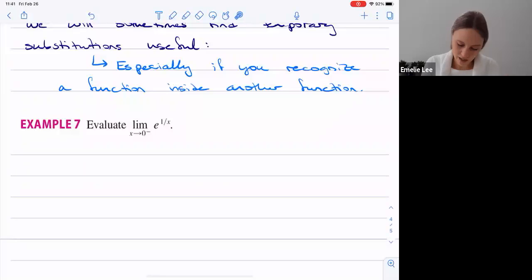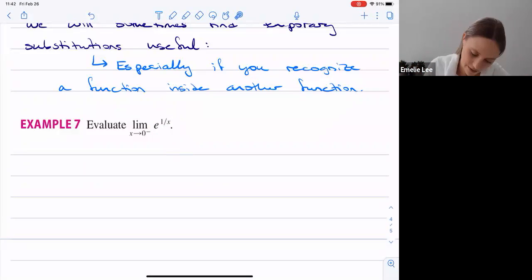Now, if we have these split up, I know what e to the x looks like, and I know what 1 over x looks like, right? So that's what I mean when I recognize these functions and I know how they behave individually. Then I might be able to leverage that by using some temporary substitution.